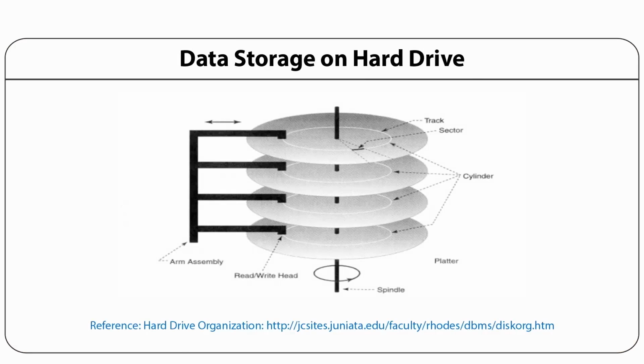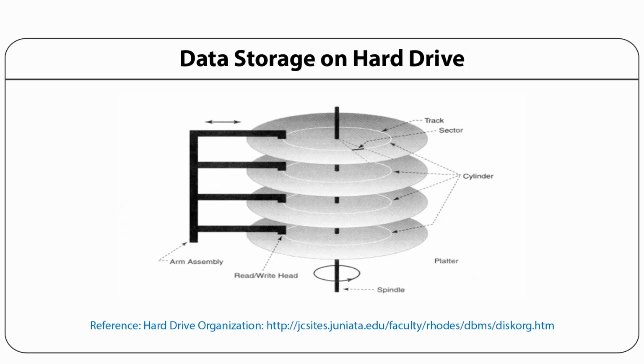Data storage on a hard drive. This is the diagrammatic representation of a typical hard drive a computer has. You can see in this image we have a series of disks put on a spindle, one after the other, and these disks have sectors and cylinders.